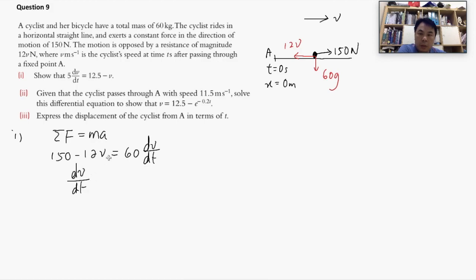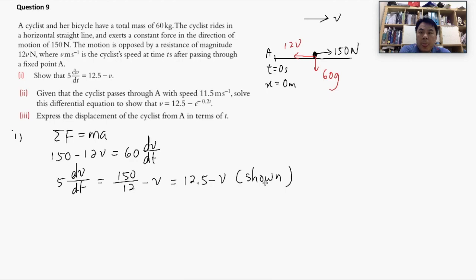So dV/dt, then 60 divided by 12 is 5, and 150 divided by 12 is 12.5, minus V. So this becomes 5 dV/dt equals 12.5 minus V. And then we have managed to show this.